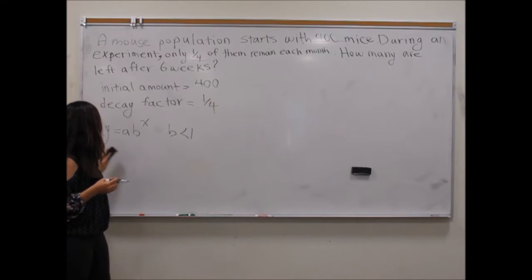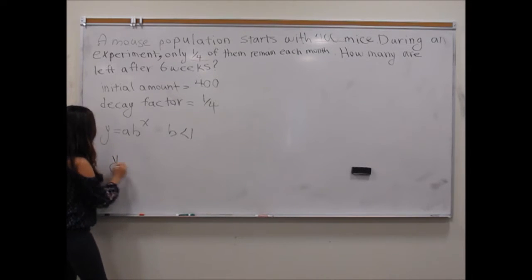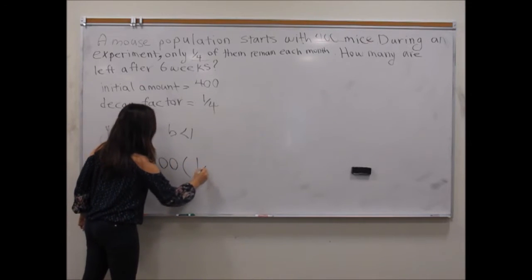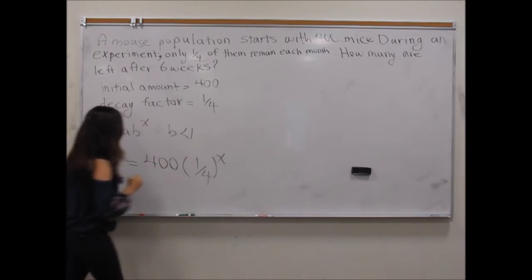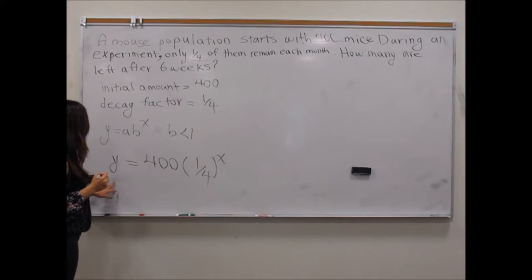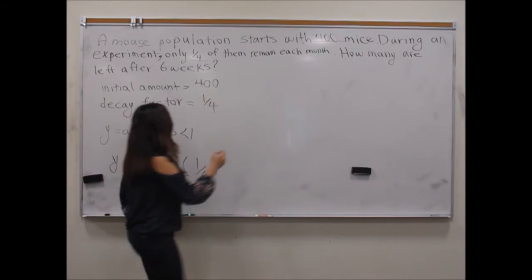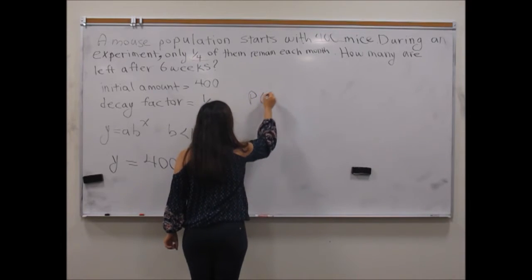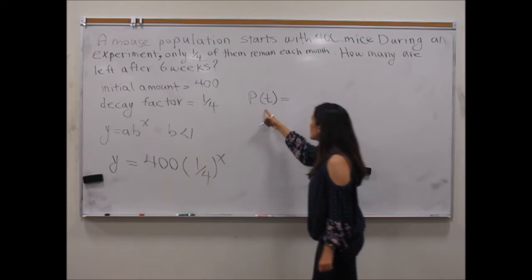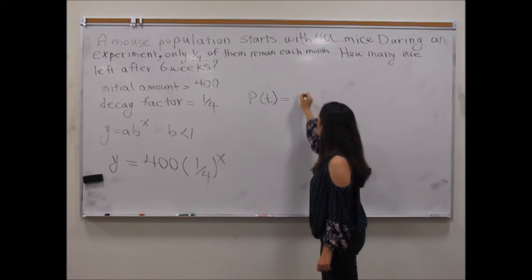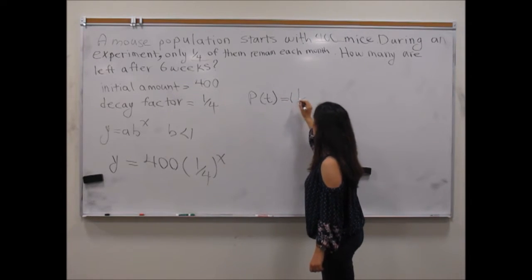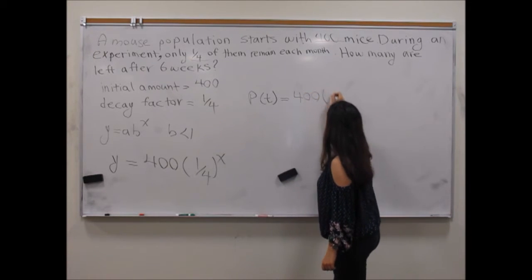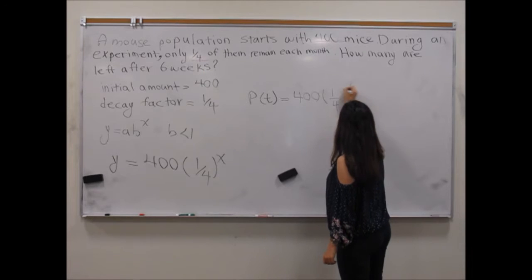So in this model, I'm going to have 400 times 1/4 to the x, and then we have to adjust the variables. So the population after t months is 400, the initial amount, times 1/4 to the t.